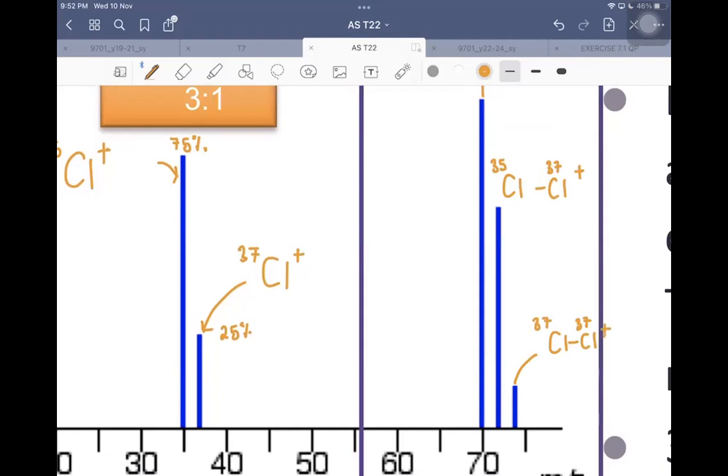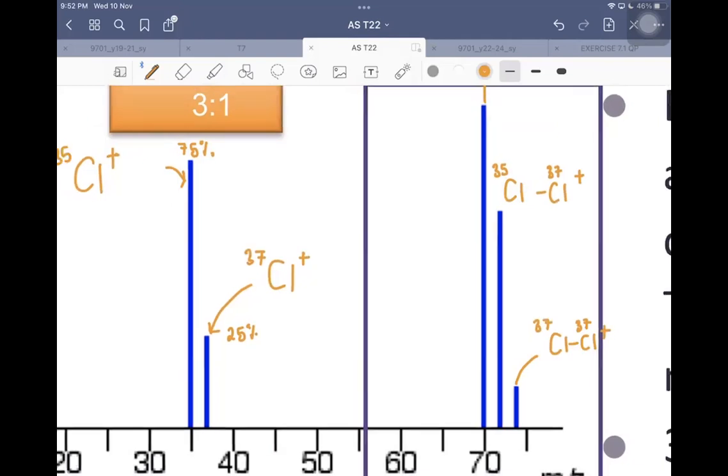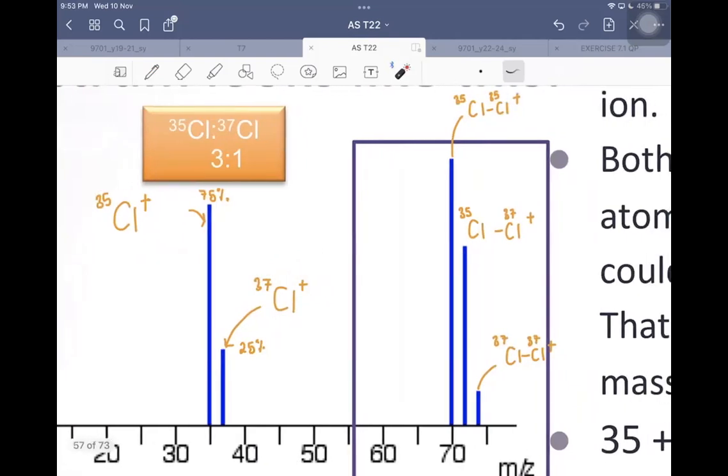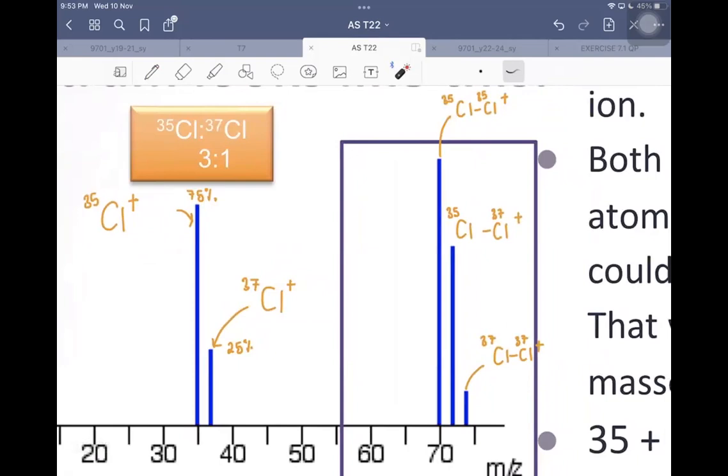The relative abundance is not the same as you would have with a single chlorine atom. If you have a single chlorine atom, the relative abundance will be 3:1. However, when you have two chlorine atoms, the relative abundance will change to 9, 6, and 1.